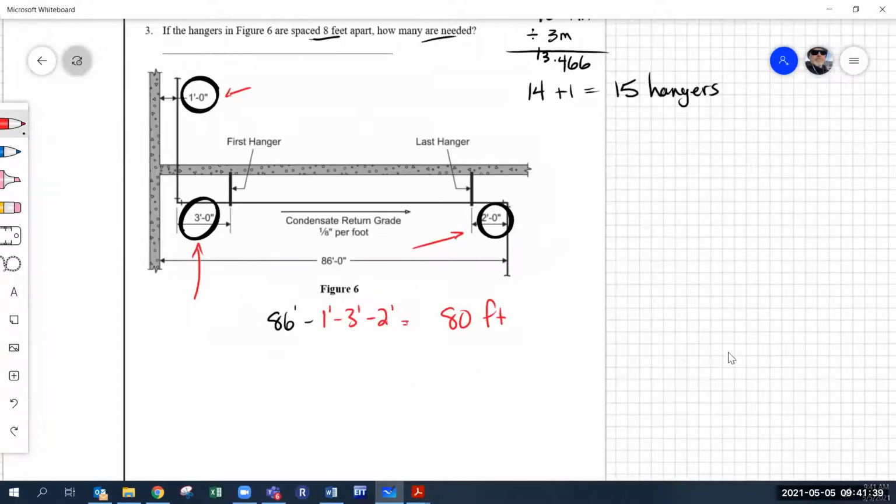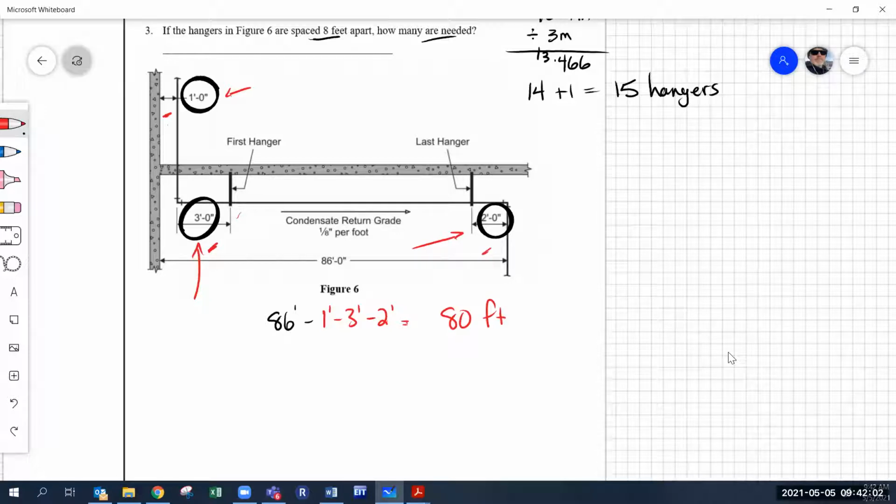So our overall is 86, and you're just taking off the hangers that they already have in place. Well, no, we're taking off the spacing here. So there's 1 foot spacing here, 3 foot between the first hanger and 2 foot before the last hanger. So we're taking off those spaces where we won't have hangers.